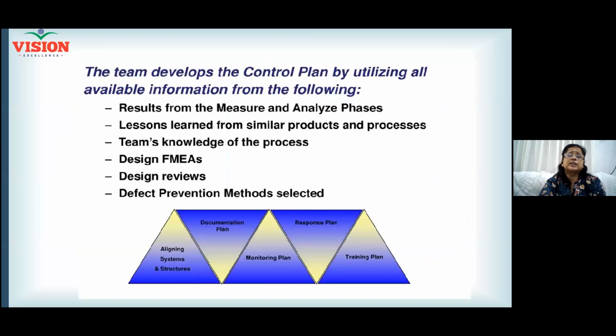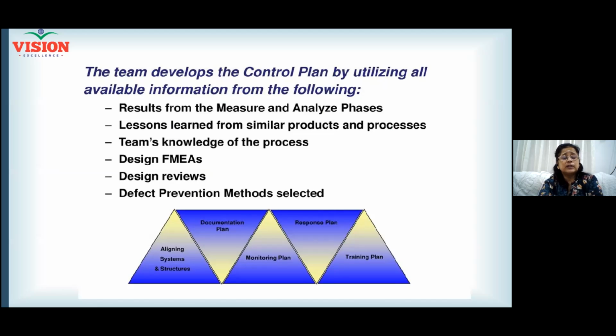The team develops the control plan by utilizing all available information from the following. You have to take the results from the measure and analyze phase. You would have done a lot of analysis through various tools, and you would have done the brainstorming, put in the root causes, and applied Pareto, hypothesis testing, and R&R, whatever tools you have applied, and whatever results you have got from the measure and analyze phase.